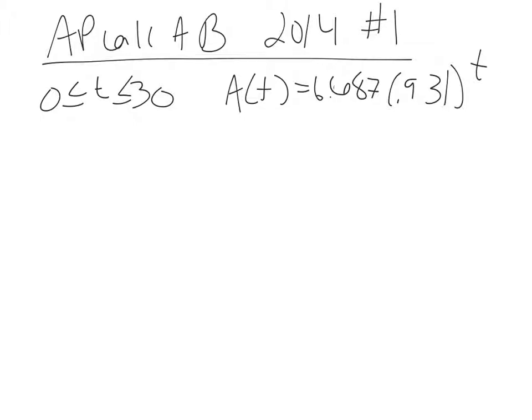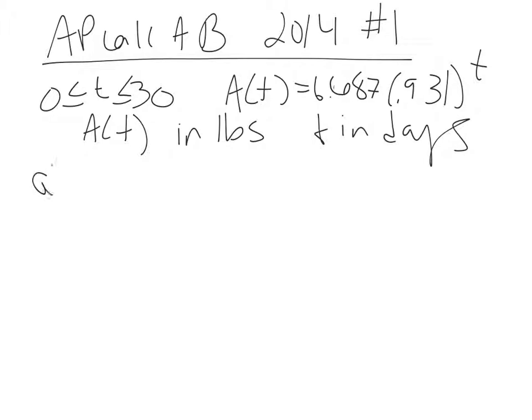It says A of t is measured in pounds and t in days. All right. Find the average rate of change, A of t, over the interval. Indicate units of measure. Anytime they want the average rate of change, in your head you should think slope.